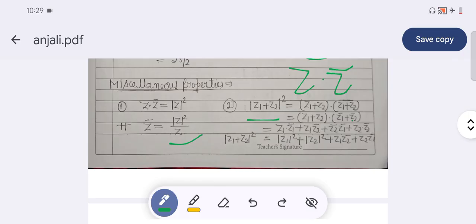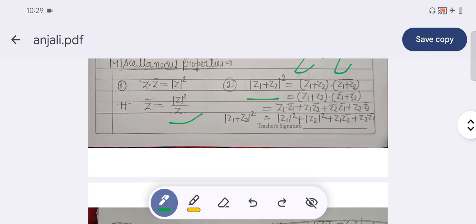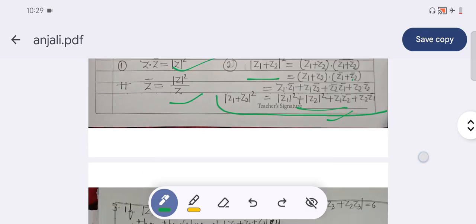Then we multiply: z1 z1 conjugate plus z1 z2 conjugate plus z2 z1 conjugate plus z2 z2 conjugate. It is clear? And mod of z1 plus z2 whole square will be mod z1 square, with the help of this property, plus z1 z2 conjugate, plus z2 z1 conjugate, plus mod z2 square. It is clear? The value of mod of z1 plus z2 square will be this.